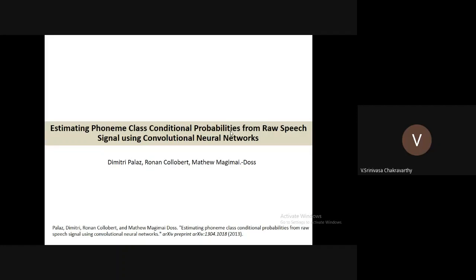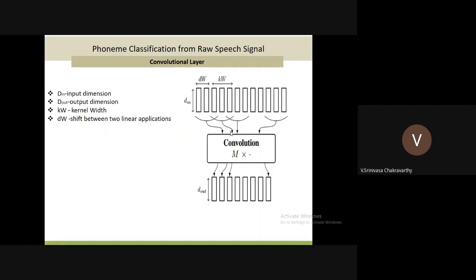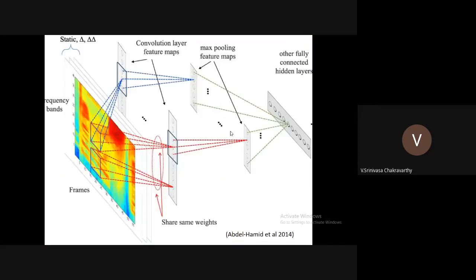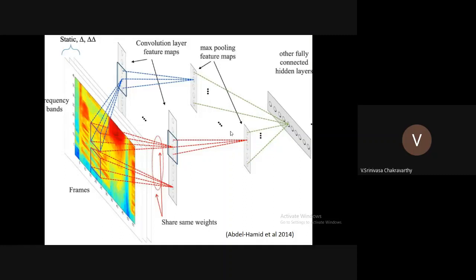So that's the smallest intelligible unit of speech, kind of like an atom of speech, and syllables are like molecules of speech. Here also you have convolutional layers and max pooling layers, but these pictures are not that easy to understand. I found a much more elegant picture from another paper by Abdel-Hamid et al.